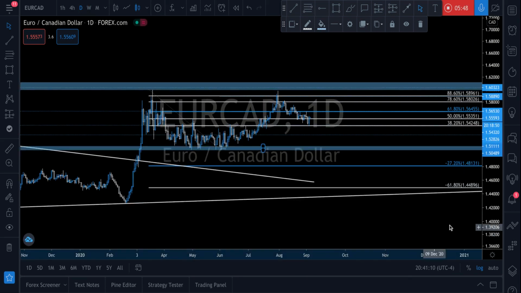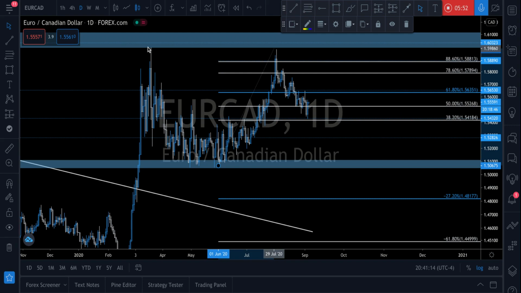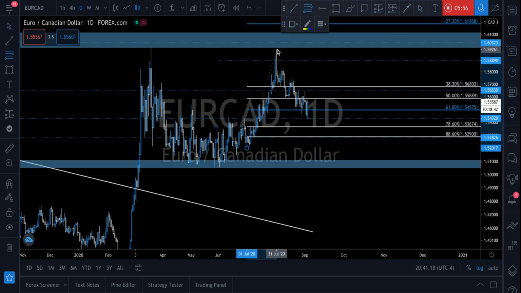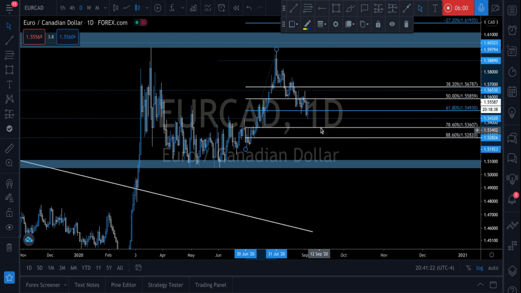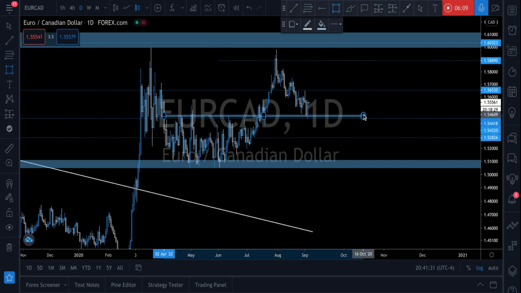So let's go to the daily real quick and take a look at this leg. I would like to see a retracement, assuming that this area ends up being structural significance for this daily time frame.